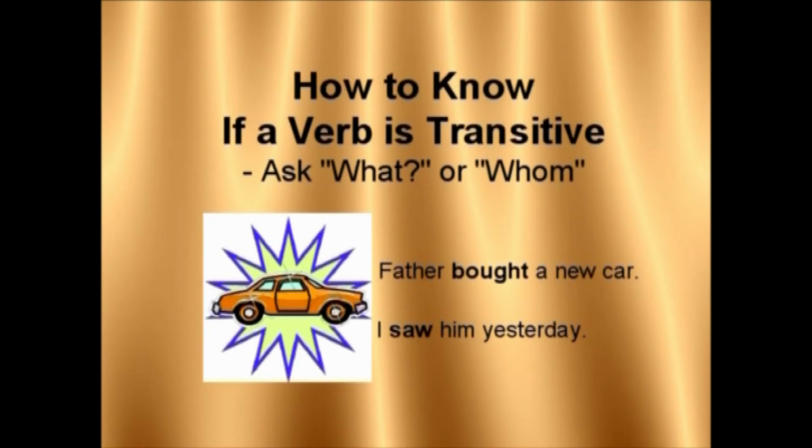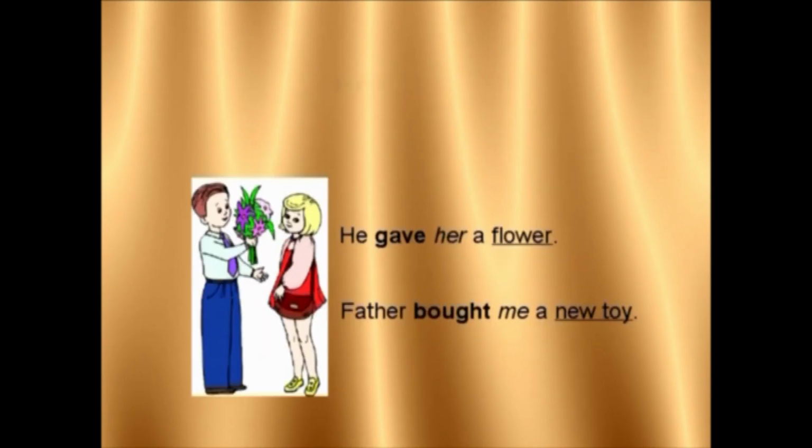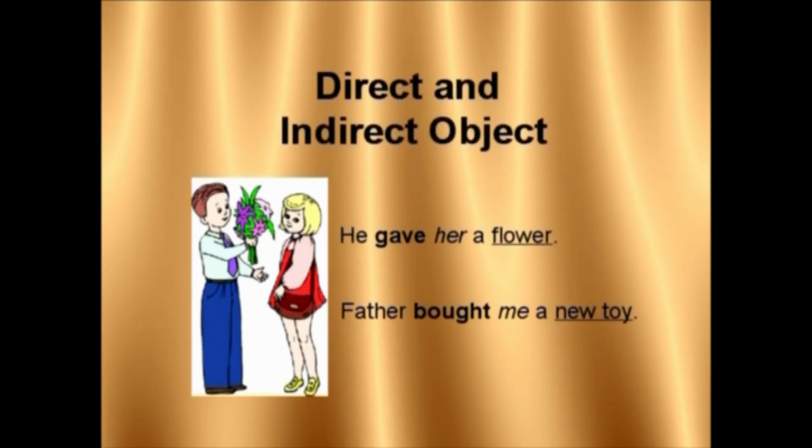"Father bought a new car." What did father buy? A new car, the direct object. "I saw him yesterday." Whom did you see yesterday? Him, the direct object.